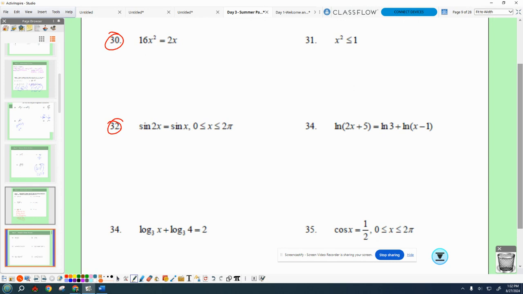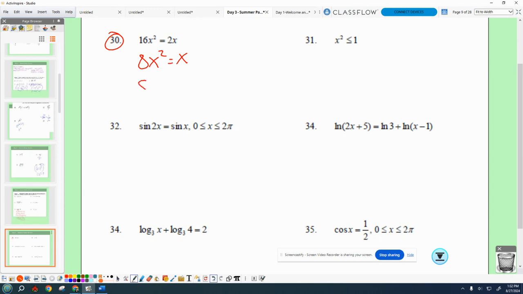What would your first step be in 30, Zoe? Dividing 16 by 2. Dividing 16 by 2, okay. Now what? Oh, I've moved the 2x over to the other side.